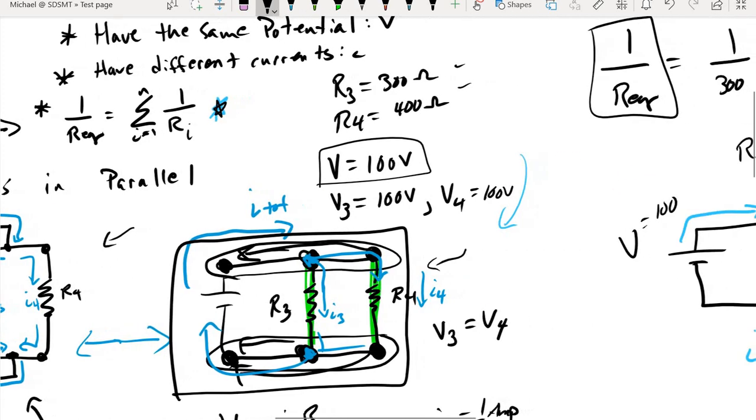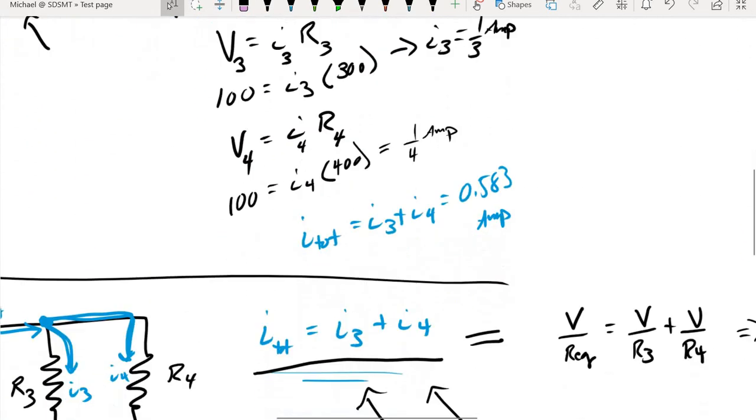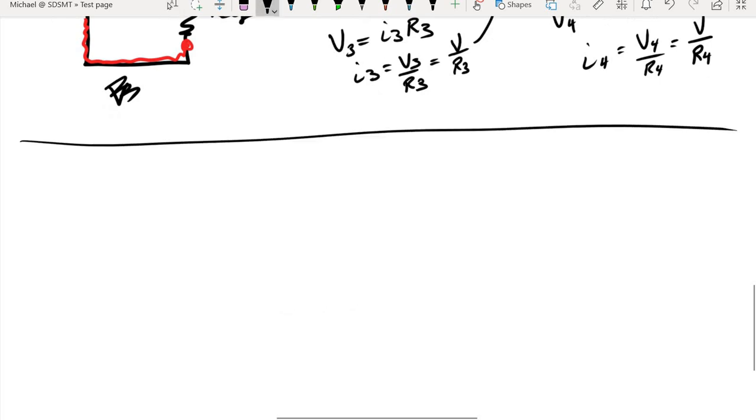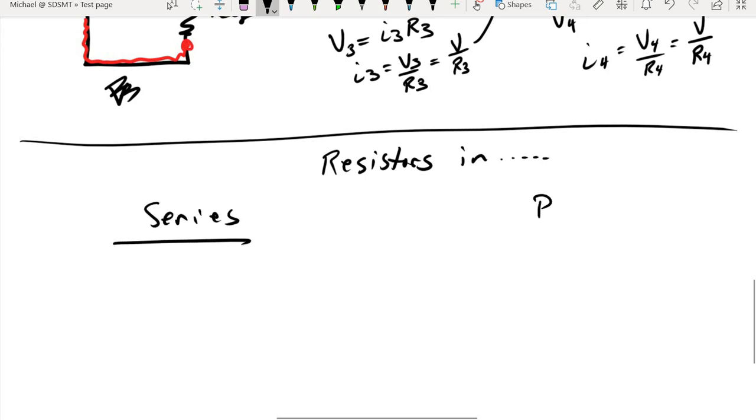So in summary, let's come down to a clean spot on the screen here. We're going to say resistors in series and resistors in parallel have the same current.